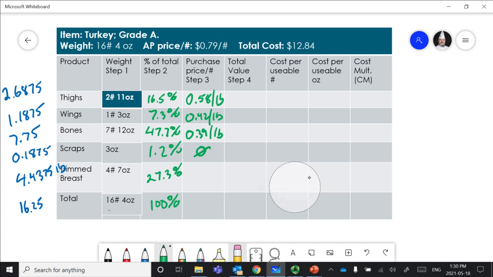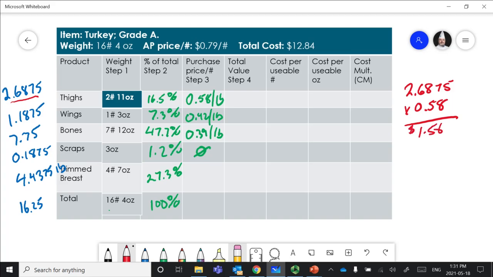So what we do now, though, in step four, is we calculate what's the total value of what we had. So we had 2.6875 pounds at 58 cents per pound. So what's 2.6875 times 0.58 per pound? It's going to give me $1.56.